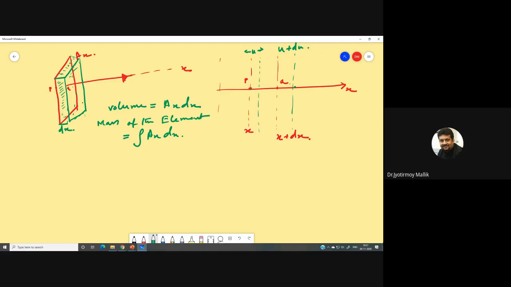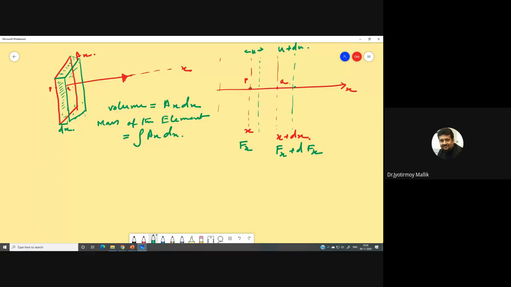Now let us say the force acting on the particle P is Fx, and the force acting on the particle Q is Fx plus dFx.